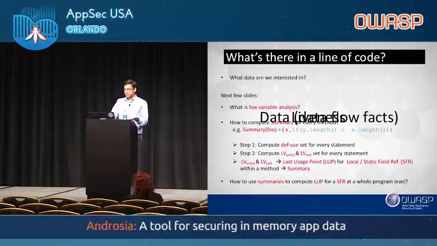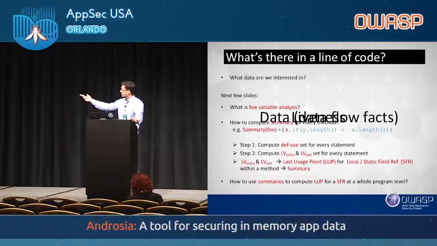How do we generate the summary? We compute something known as the def and use set, which is the definition and use set. We are going to use the definition and use sets, computed for every statement, to compute the live variable entry and exit sets for every statement. Once we have the LV entry and exit sets, we use them to infer the summary for every method.